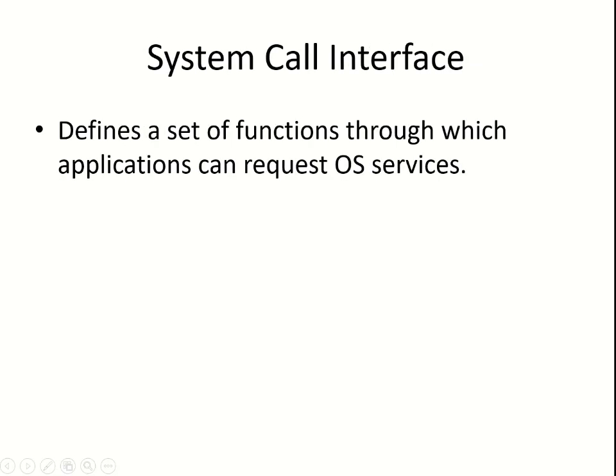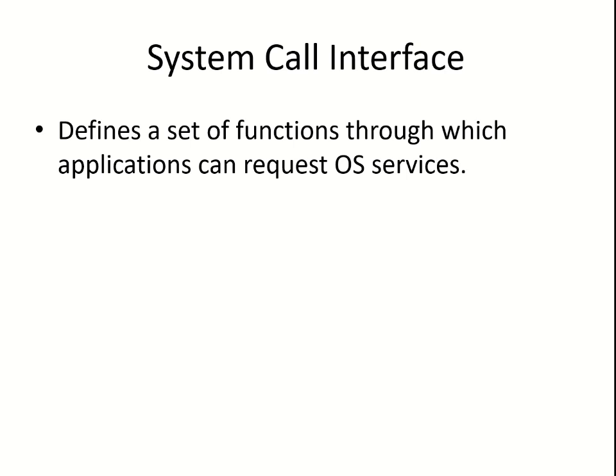The system call interface defines a set of functions through which applications can request OS services. It is the way that programs communicate with the operating system. It allows programs to request services from the OS without directly accessing system resources.